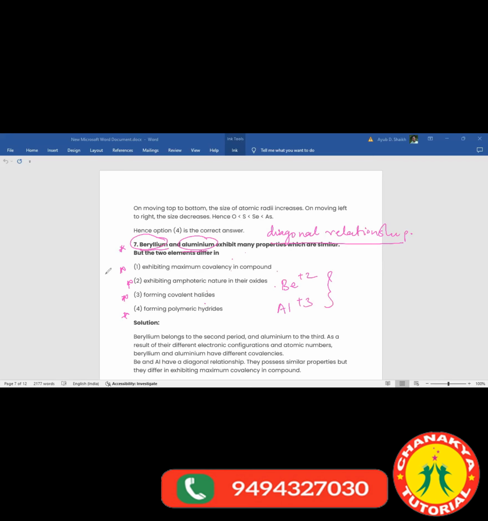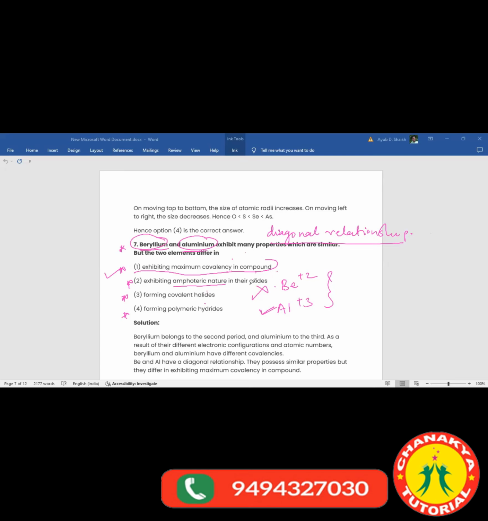So your option one matches the difference: exhibiting a maximum covalency in a compound. Why can it not be the second one also? Because aluminium oxide is amphoteric, but beryllium oxide cannot be. Only aluminium forms an amphoteric oxide. Beryllium does not form an amphoteric oxide. Okay, ma'am, so that is the difference between them.